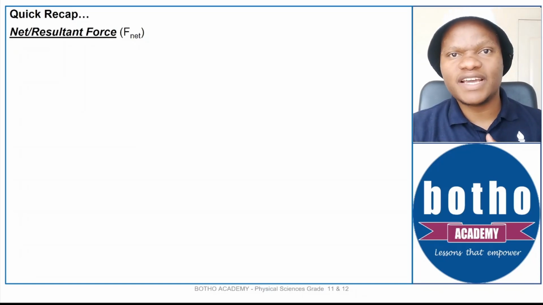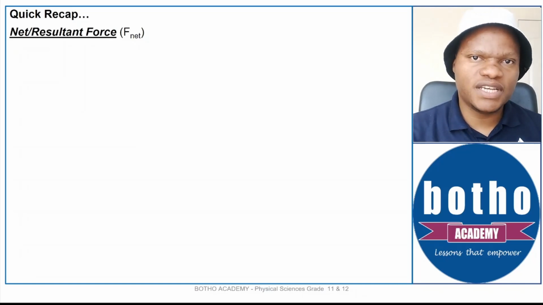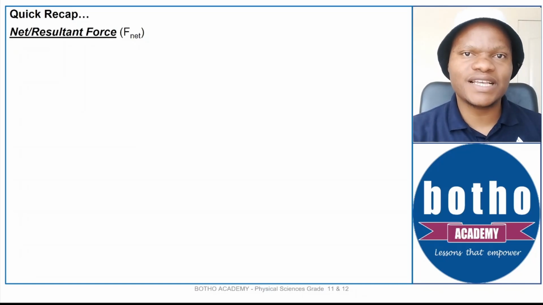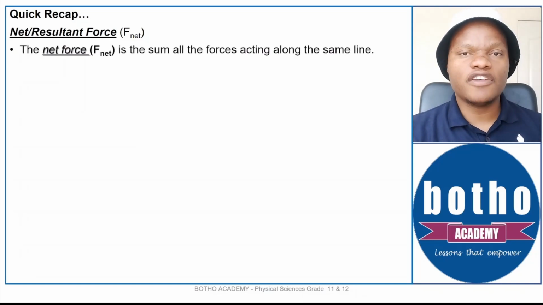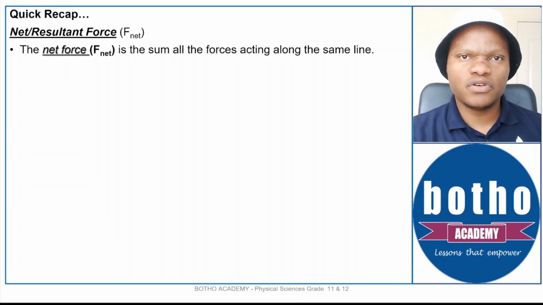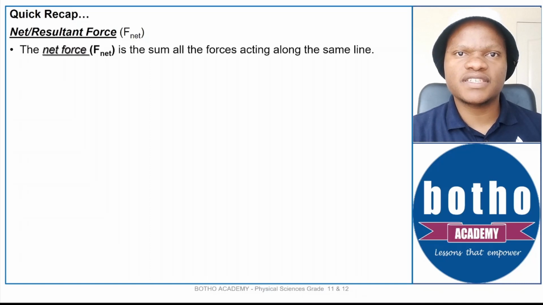So now we need to have an understanding of what is meant by the word net force or resultant force. If you look at the definition of the resultant vector in the topic on vectors in two dimensions, it says it's the sum of two or more vectors acting together.